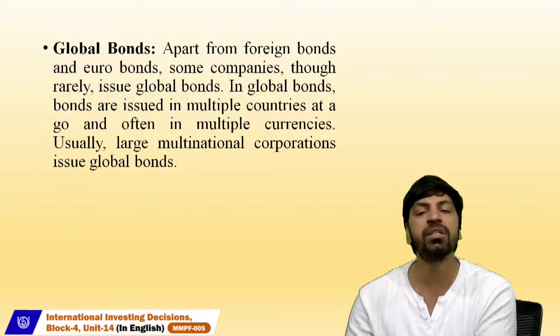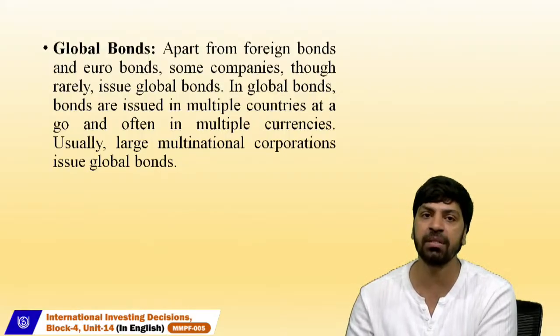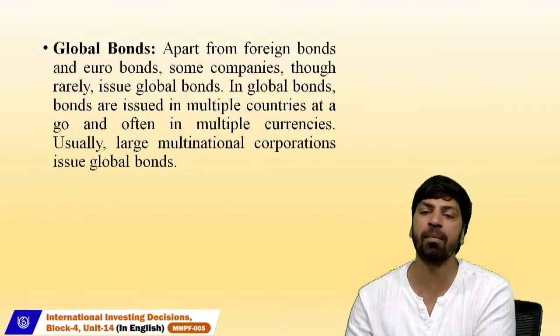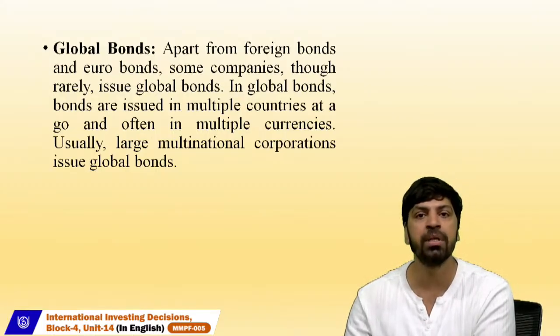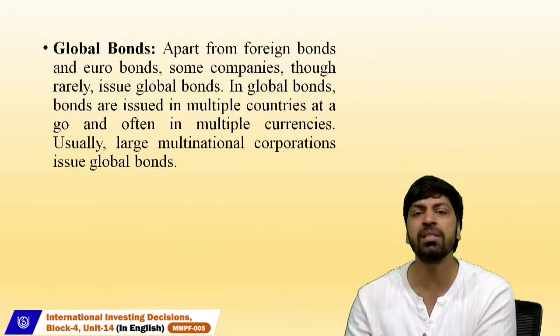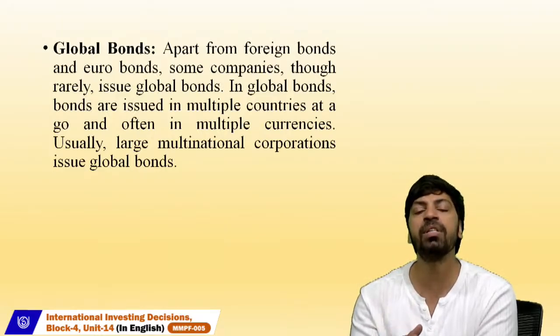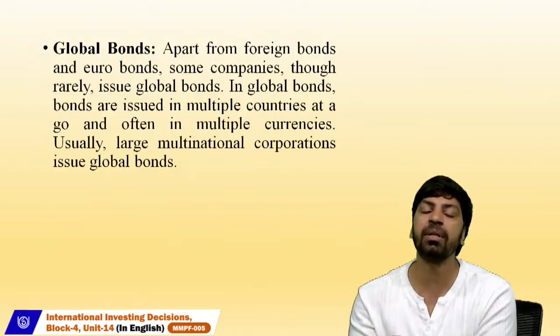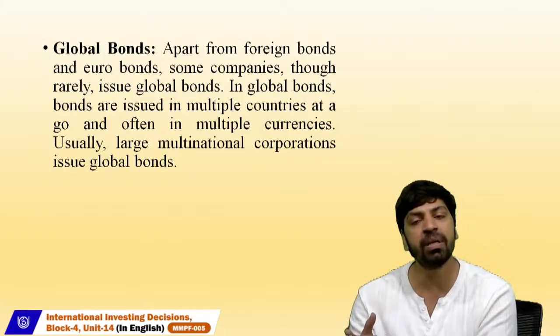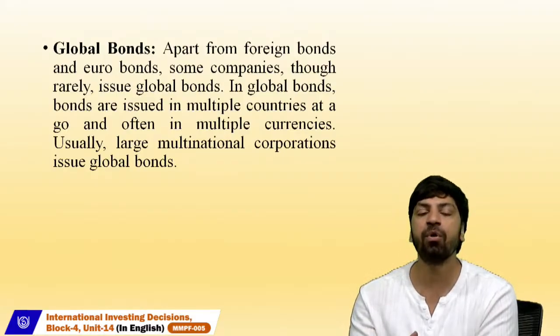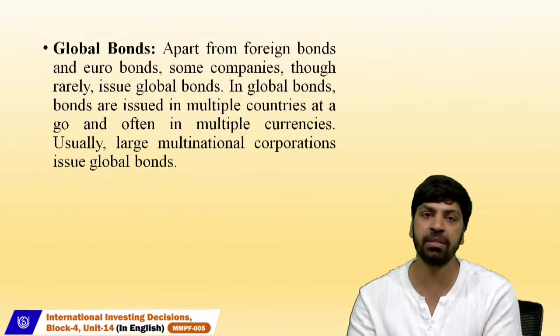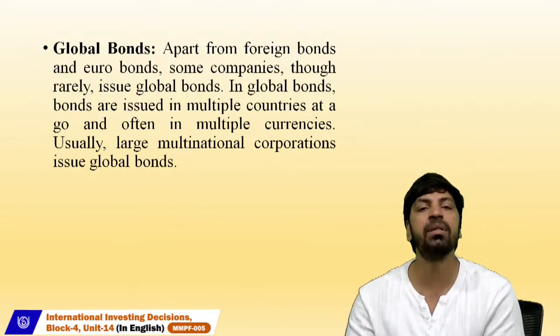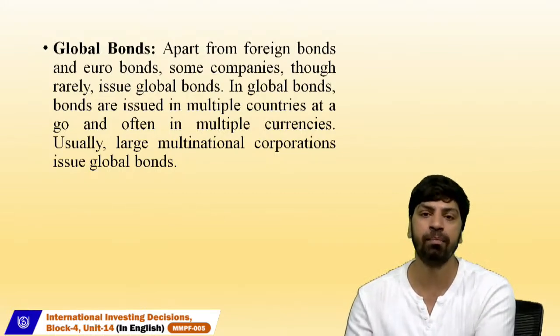Only large multinational corporations issue global bonds. So this is a rare type where the largest corporations issue such bonds in multiple countries and in multiple currencies, and that becomes a global bond.